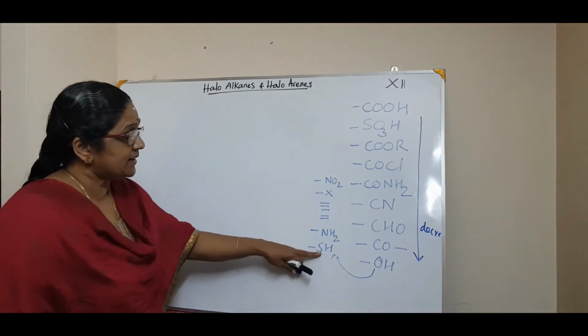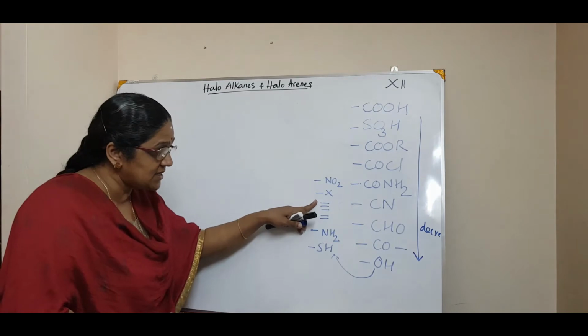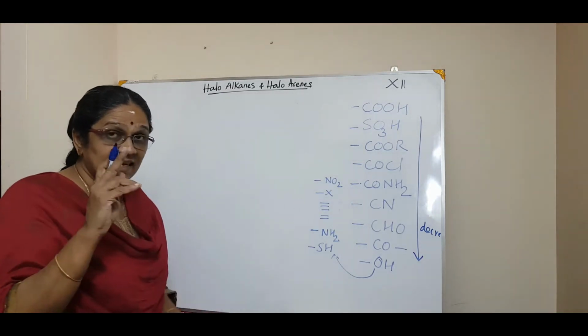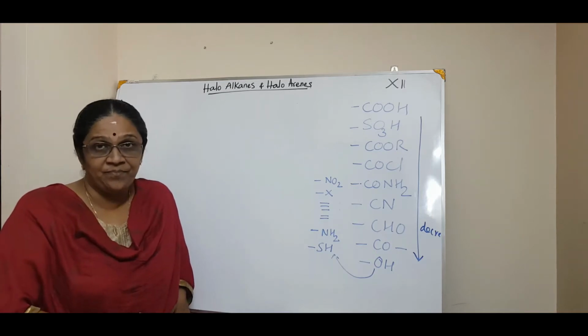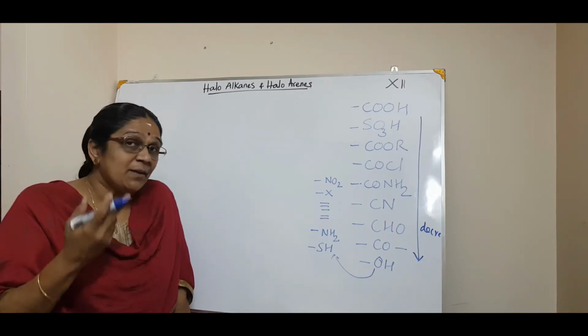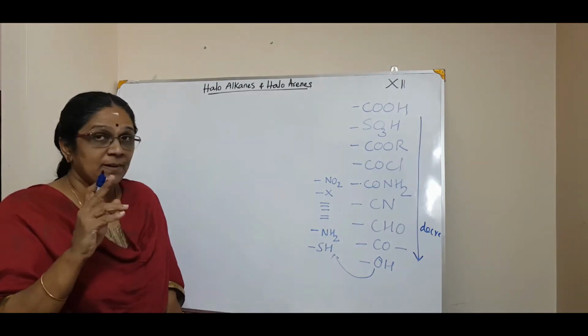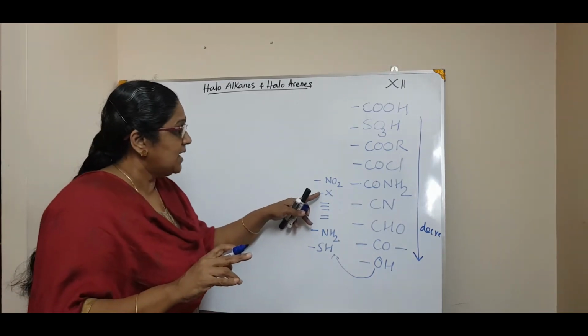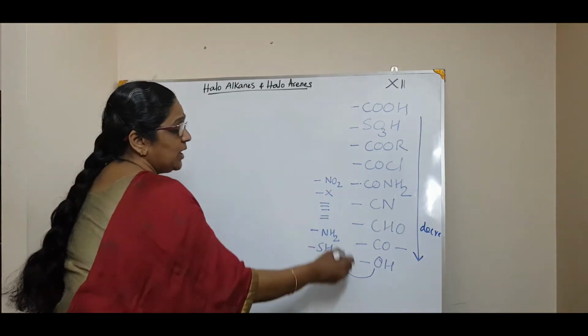Okay. So then thiol, then amine, NH2, then comes the double bond, then triple bond, then halogen. See, if there is a double bond and a halogen atom, which will get the priority? The double bond will get the priority. Keep that in mind, we will do some problems. Then comes the halogens, then nitro, and so on. So till this you have to study.